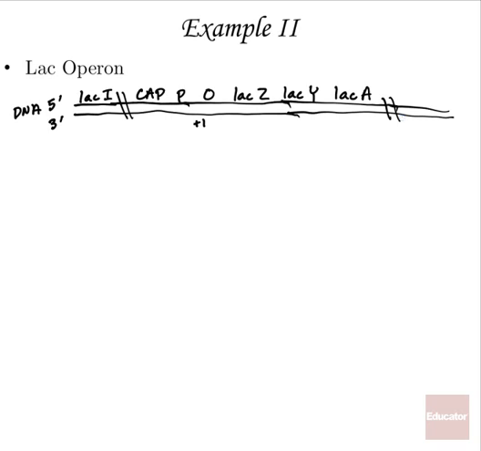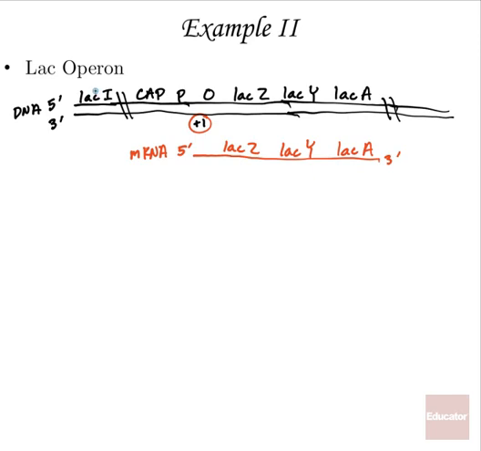And so this is the +1 site shown right here. And what we can make from that is our mRNA. And our mRNA will have our LAC-Z, our LAC-Y, and our LAC-A.